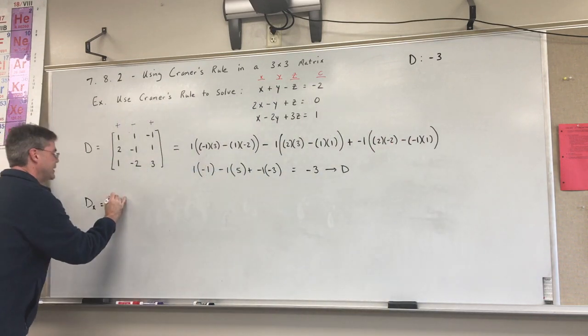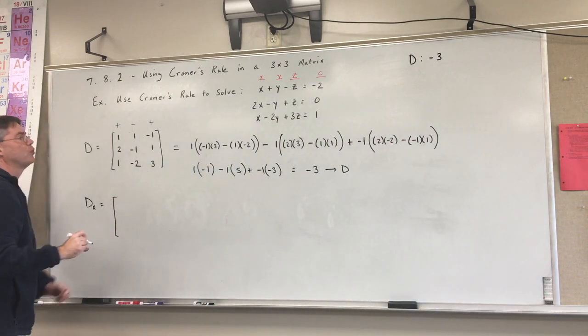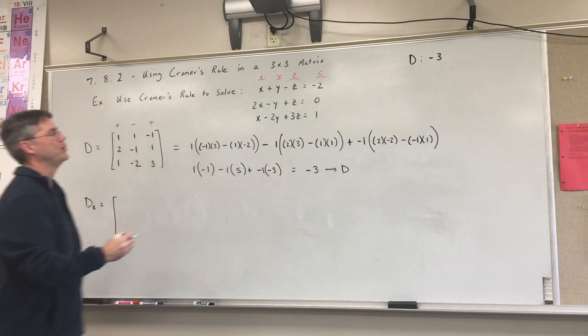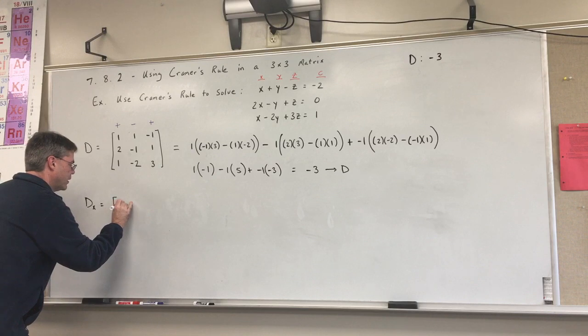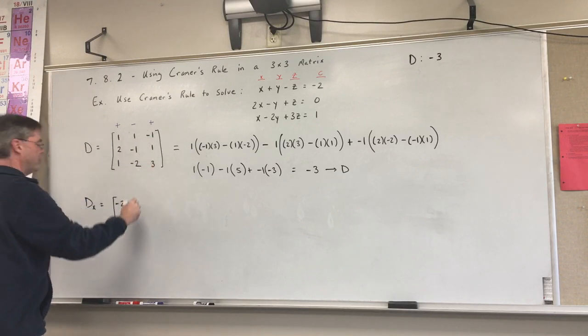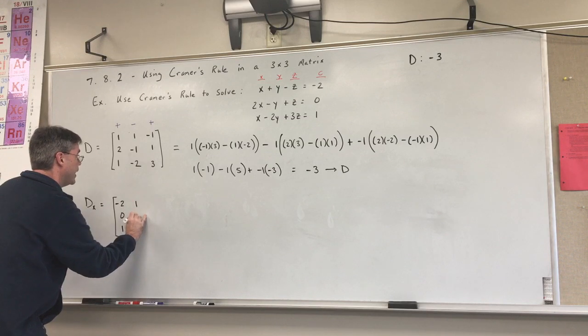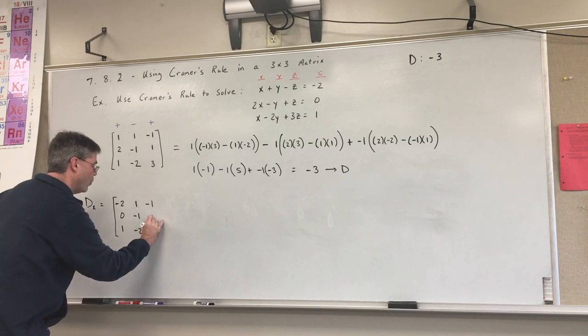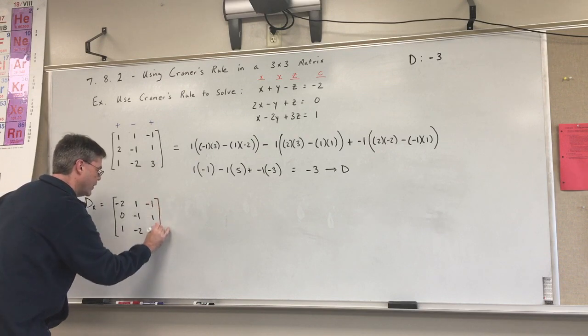Matrix D sub x, you're going to replace the x column with the c column. So -2, 0, 1. And then look right back up here and copy those down: 1, -1, -2, -1, 1, 3.